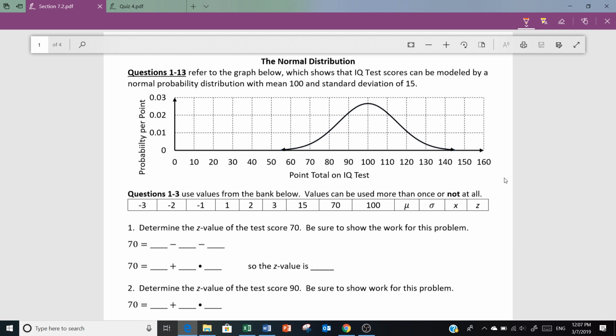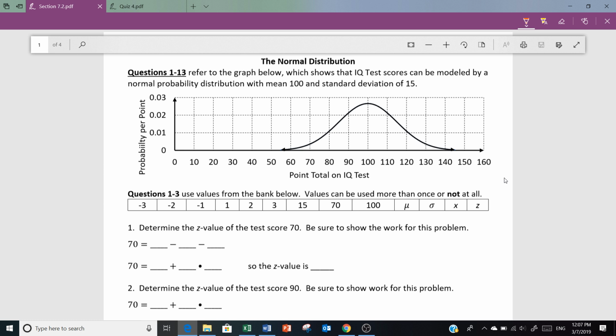Okay, groups of 2. Did you write any notes down from your quiz today? It looks like you did it right. I don't even realize -2.